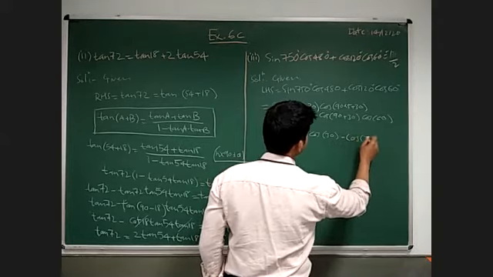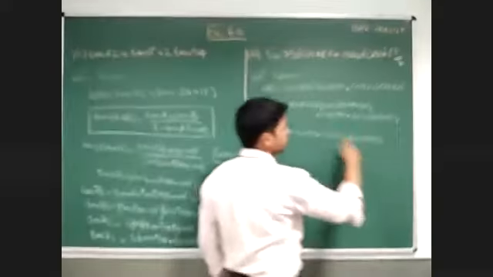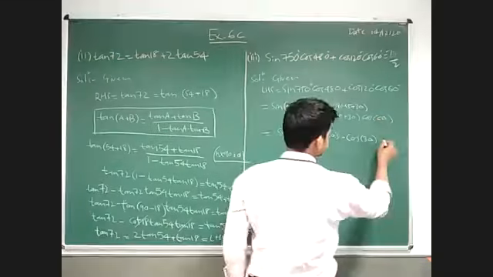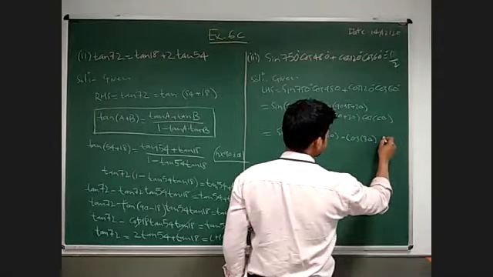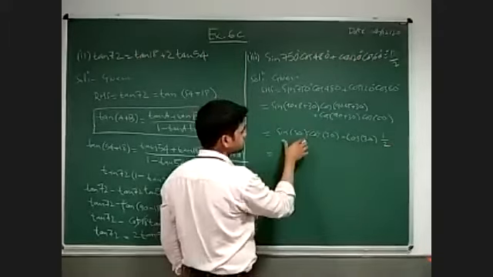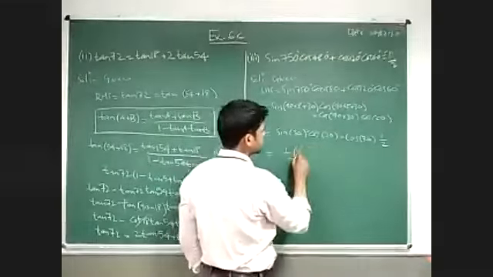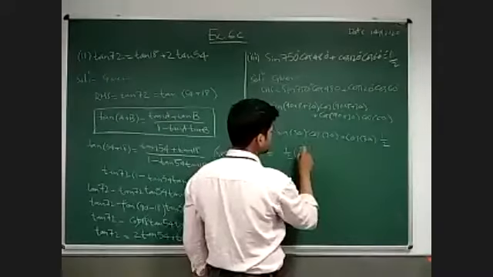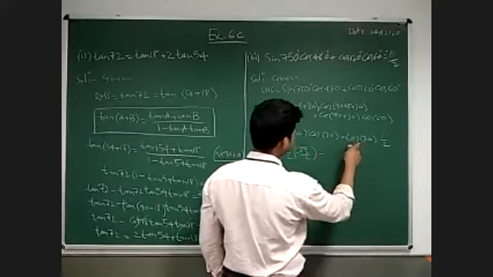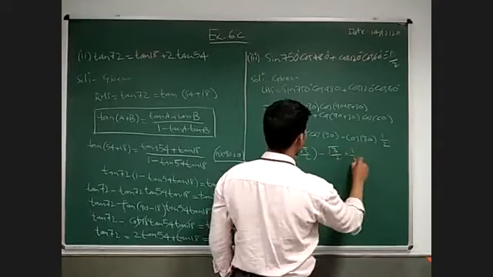So cos 30, and cos 60 is nothing but 1 by 2. So sin 30 is nothing but 1 by 2. Again cos 30 is root 3 by 2, minus cos 30 root 3 by 2 into 1 by 2.